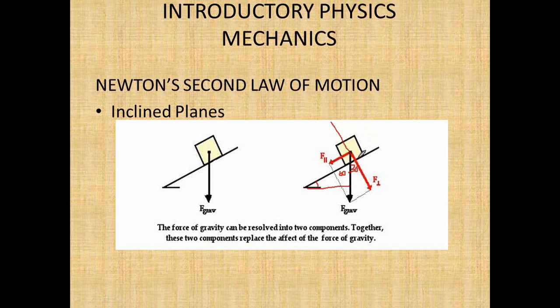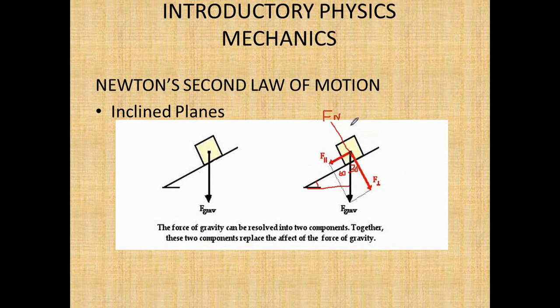But on an inclined surface, the normal force is perpendicular to the inclined surface, and it's upward. So this would be the normal force. Okay? It's perpendicular to the surface.